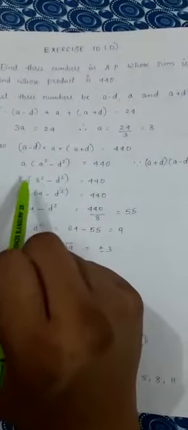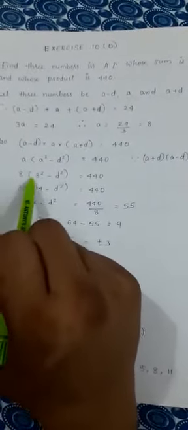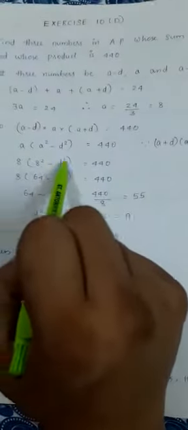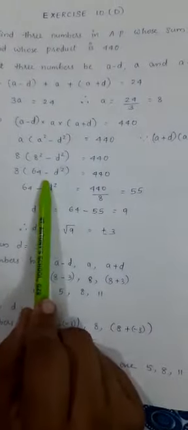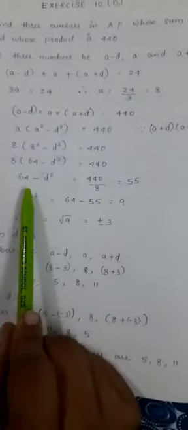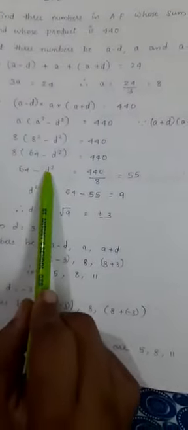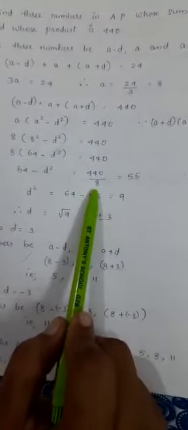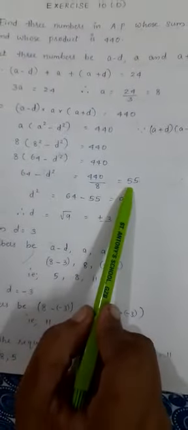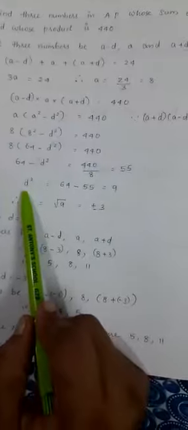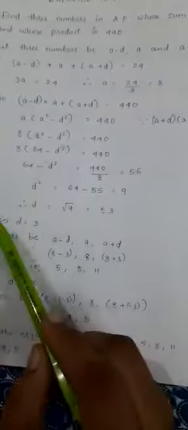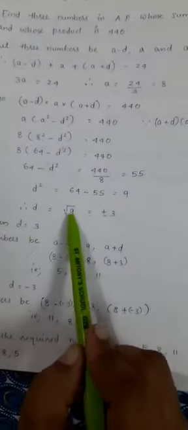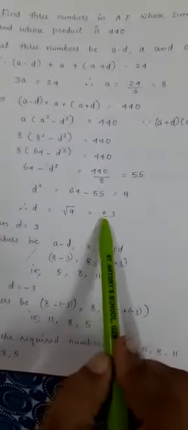You know the value of a. 8 into 8 square minus d square equal to 440. 8 into 64 minus d square equal to 440. 64 minus d square is equal to 440 divided by 8, that is equal to 55. Therefore, d square is equal to 64 minus 55 equal to 9. Therefore, d is equal to square root of 9, that is equal to plus or minus 3.